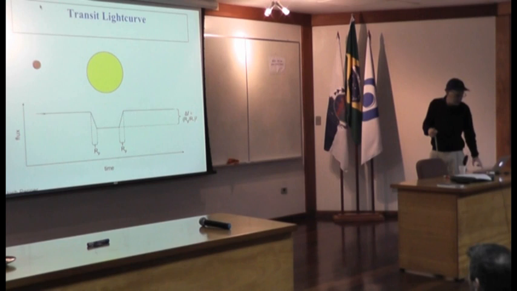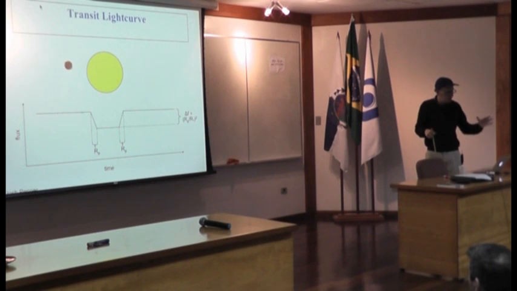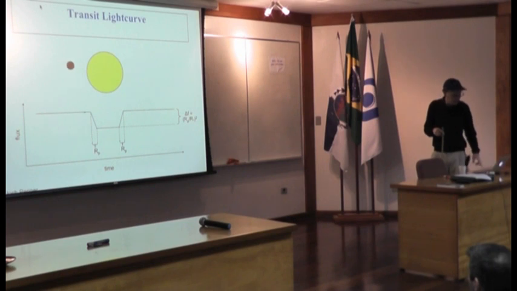And this gives the amplitude of the drop, gives the size of the planet relative to the star. The time between drops is the period of the orbit.